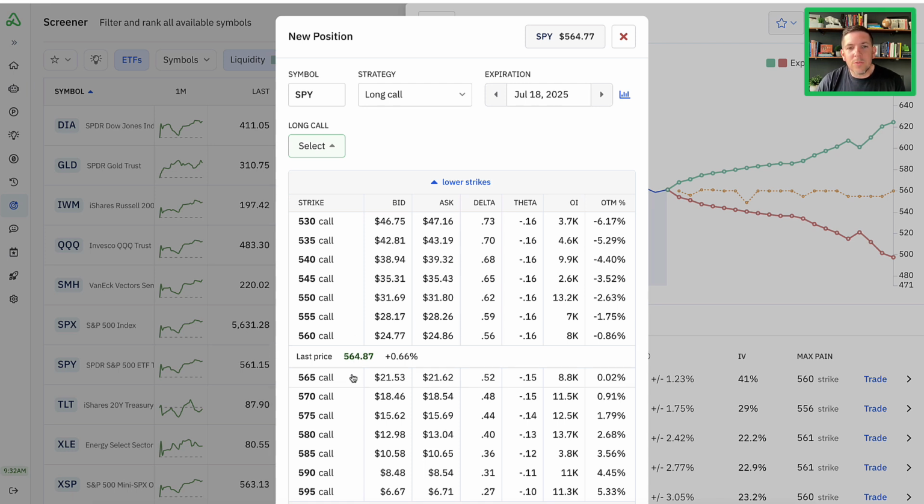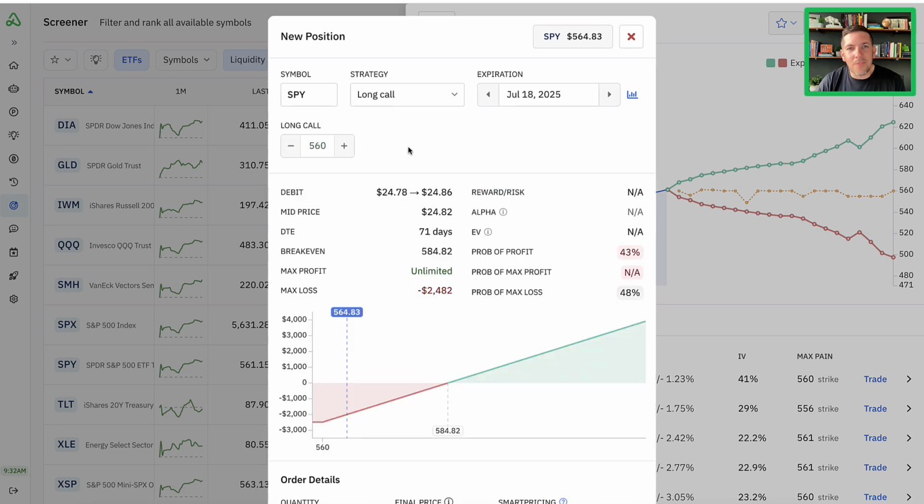So what we'll do is we'll do an option contract, the 560 contract right here, which is about $5 in the money, okay? It's about $5 in the money. So it's not exactly $5. You can see it's kind of moving around and changing, but it's about $5 in the money. So the value of this contract right now, because it's all the way out in July, is $24.78.